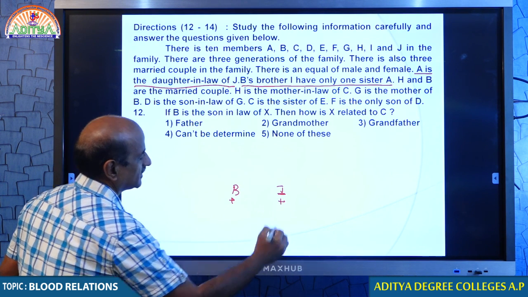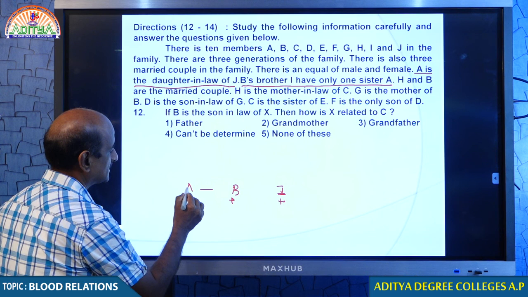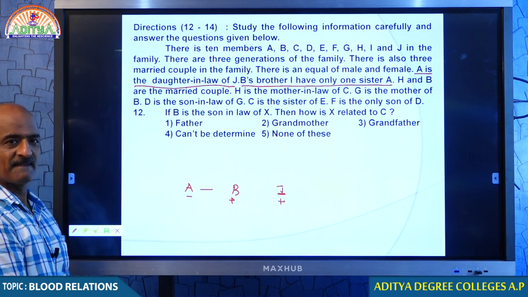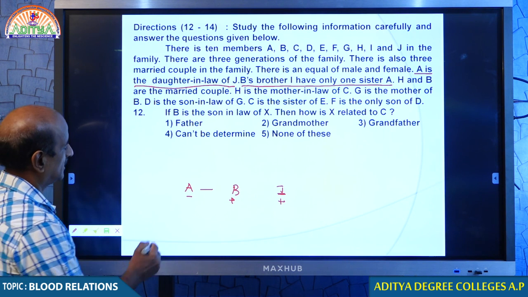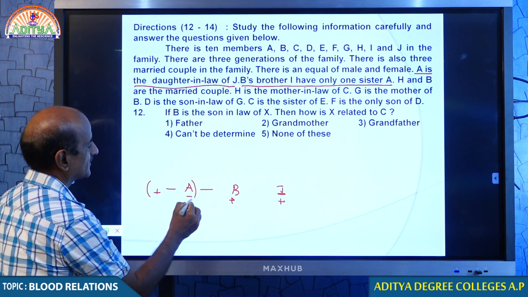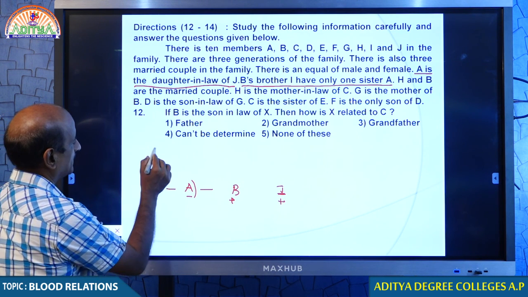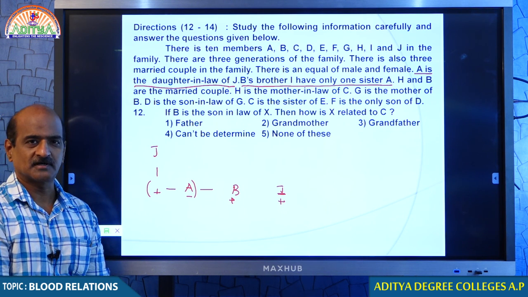They have only one sister, that is A. You understand? Then A is the daughter-in-law of J, which means A got married to a person and their parent is J. I hope you understand this.